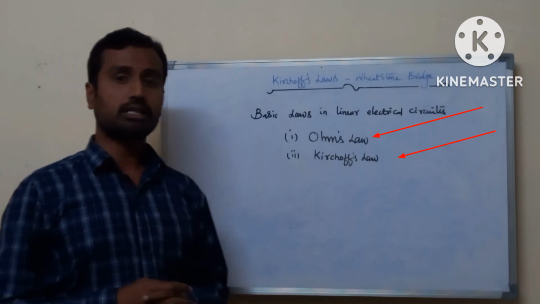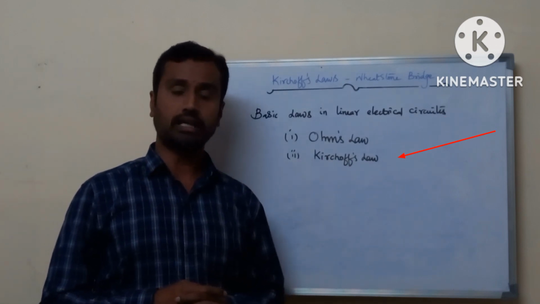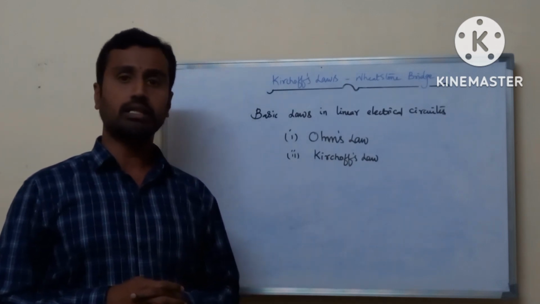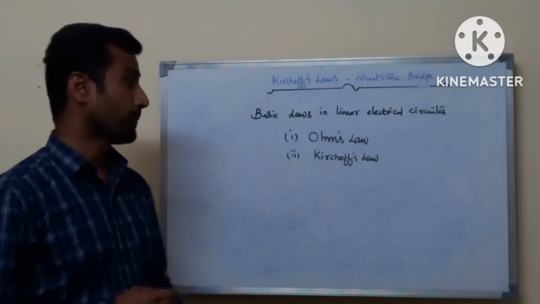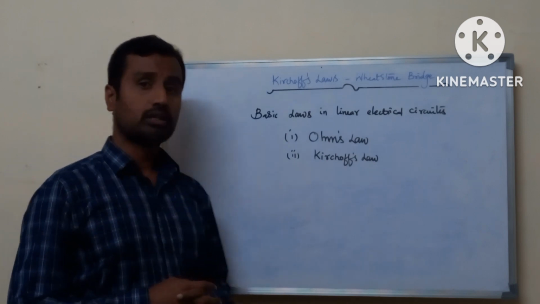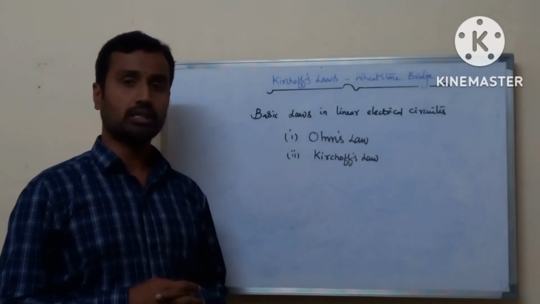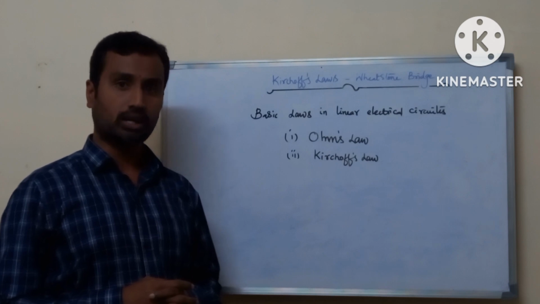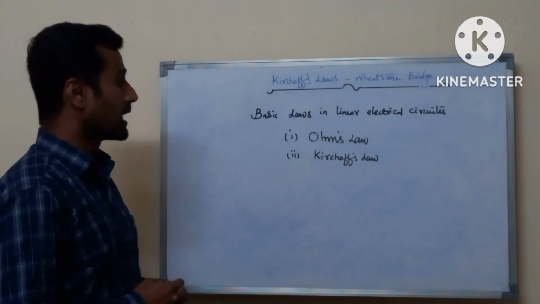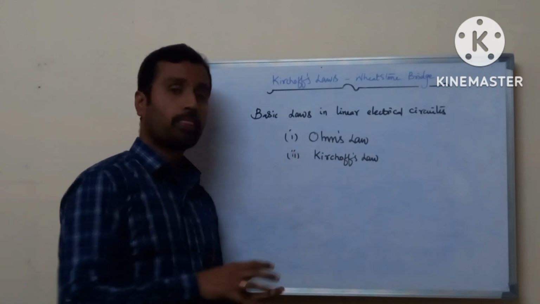Ohm's law is used to calculate the current in simple circuits, whereas for circuits that consist of many branches, that is, in complicated electrical circuits, we use Kirchhoff laws.